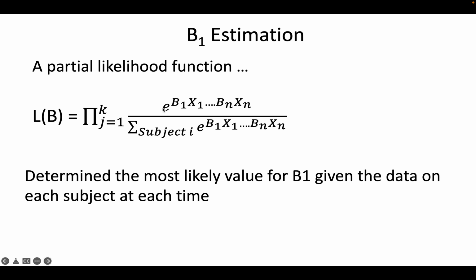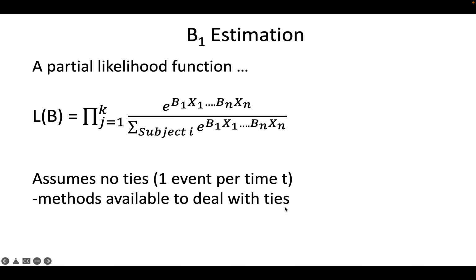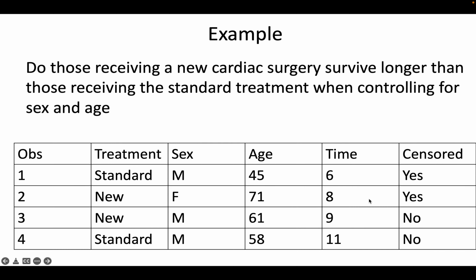And we're able to come up with a value of beta that makes the most sense given the data that we have, or a computer will find that. It assumes no ties, but there are methods available to deal with ties that you usually don't even need to specify to the software just because it's so commonplace.